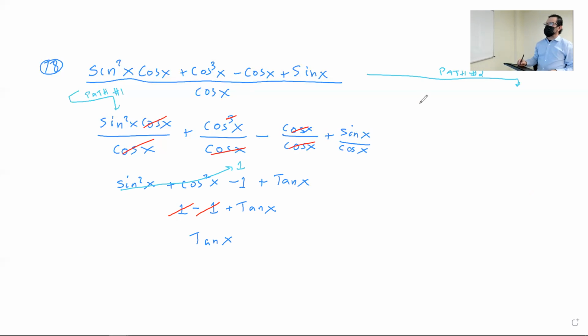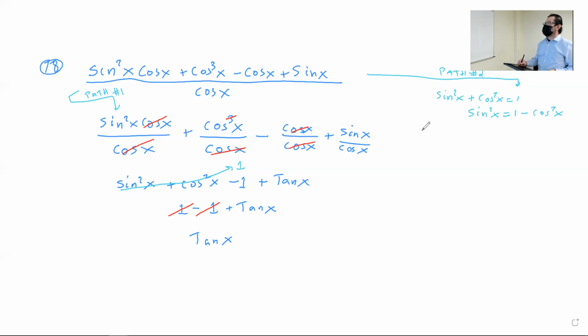So another way of doing it is I'm going to take advantage of the Pythagorean identity and substitute. We know that sine squared of x plus cosine squared of x equals 1. This means that sine squared of x is equal to 1 minus cosine squared of x. So I'm going to substitute that in the first part of the function.